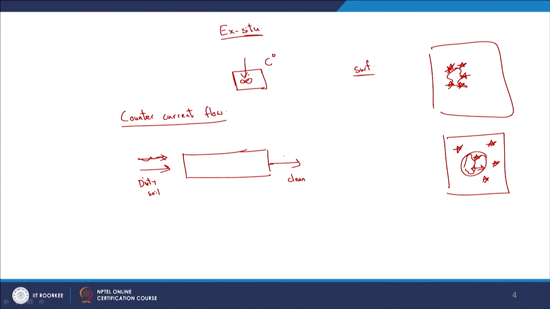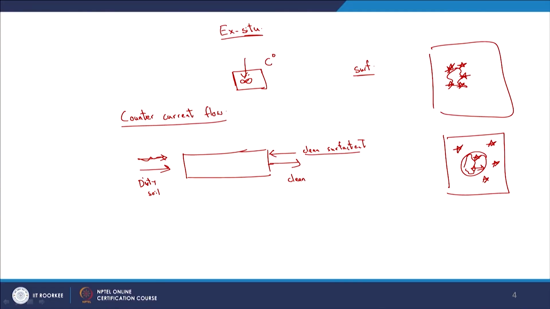You would see to it that your cleanest soil comes in contact with relatively clean surfactant, so even if there is a minor concentration of contaminant adsorbed onto the soil, that will be desorbed because the surfactant is relatively clean.